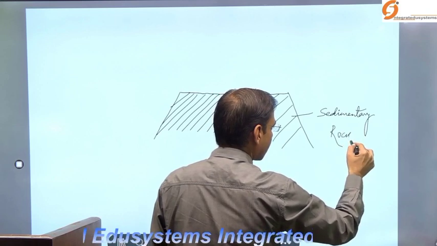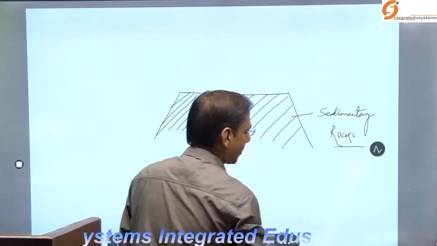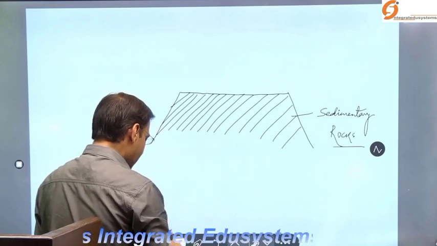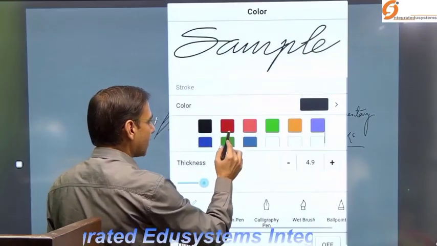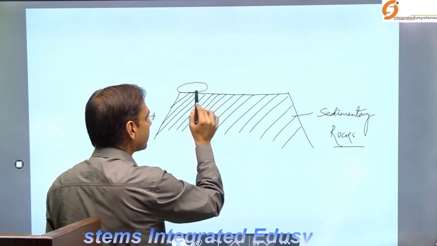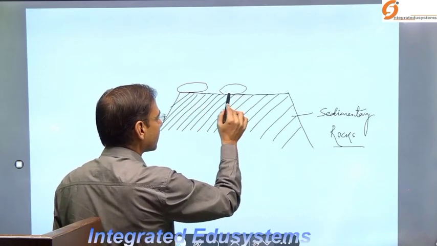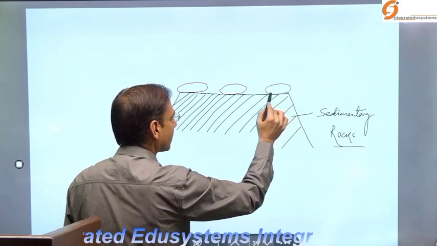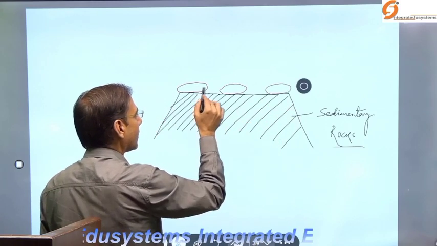Sedimentary rocks are there, and over these sedimentary rocks, as I have said, laterite forms the cap. Okay, this is the laterite cap.